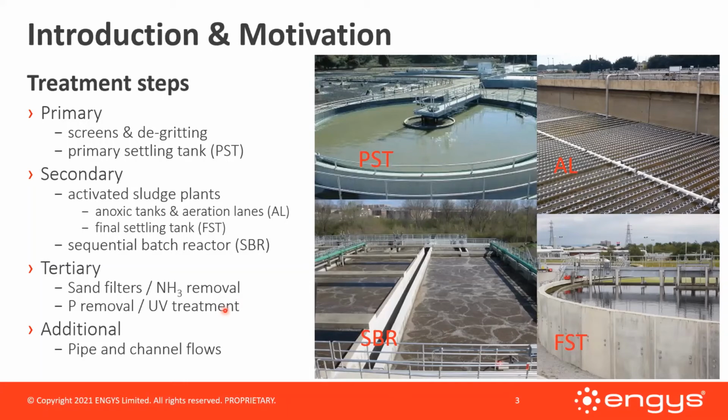In the final settling tanks, which are again large circular tanks called secondary clarifiers, we can see the picture here, the treated wastewater is separated from the biomaterials, which is the activated sludge coming from the aeration lanes. The activated sludge is continuously pumped from the bottom of the clarifiers back into the aeration lanes, and the clear water flows over the weir.